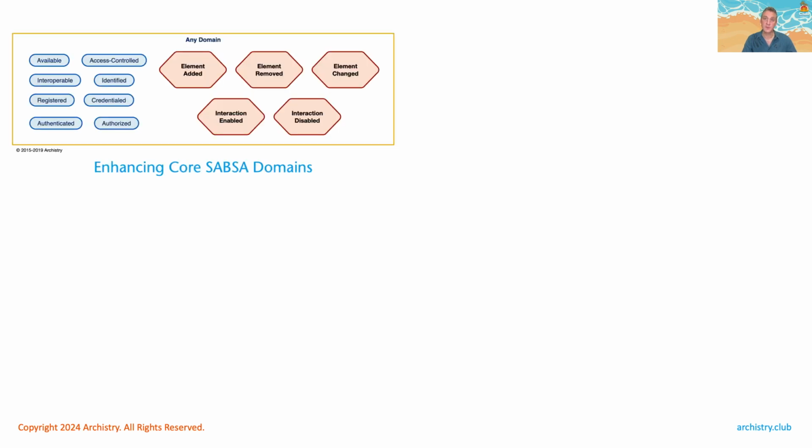So what am I talking about here? Well, I'm really talking about a complete system. And that complete system is something that I've been working on really since long before I found SABSA, but certainly since I found SABSA in 2005. So there are a number of parts to this system, but the first one is enhancing the core SABSA domain concept.